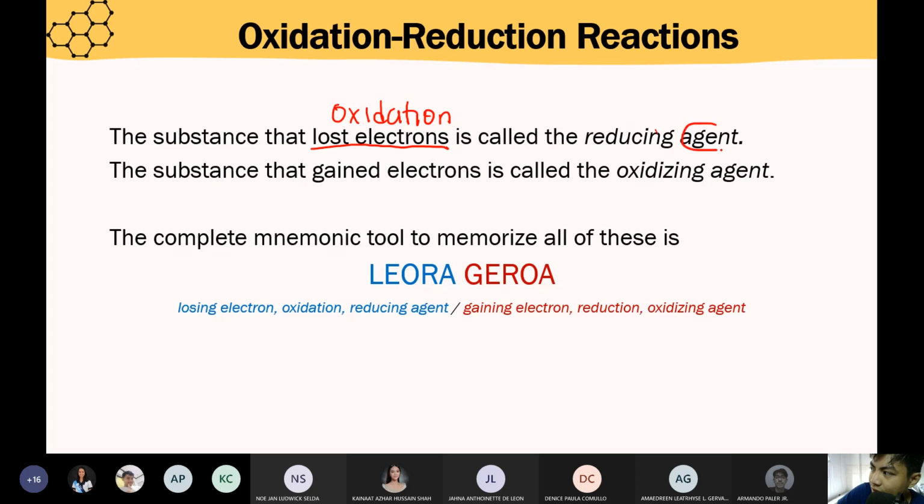Pero pag may word na agent, ang tawag sa kanya reducing. Baka magtaka kayo, hala, baliktad sir. Opo, baliktad. Kapag nag-gain electron, anong reaction 'yon? Reduction reaction, 'di ba? Pero pag may term na agent, baliktad siya.